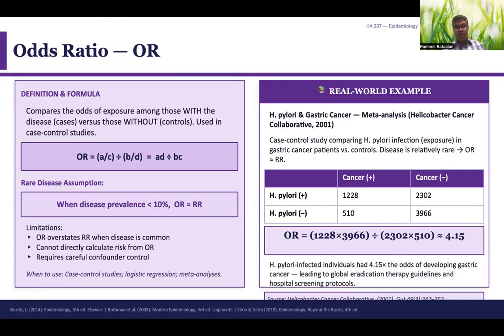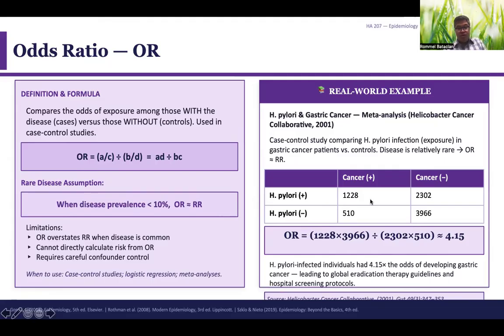So let's look into an example here of getting the odds ratio. This time, they look into the link of Helicobacter pylori infection with gastric cancer. So this is a systematic review in 2001. And as you can see here, they made a 2 by 2 contingency table.